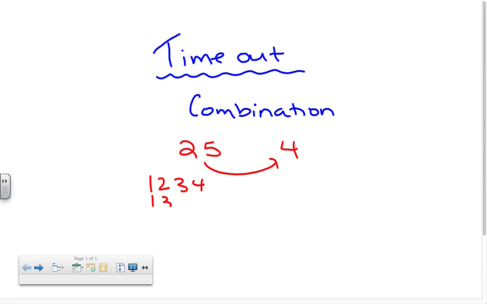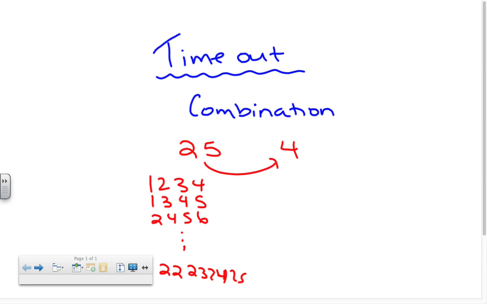Okay, 1, 3, 4, 5, 2, 4, 5, 6, up to, this is really not a pattern, but I would have 22, 23, 24, and 25. Okay, but 25 can be in a bunch of different groups. So can you notice how many different possibilities we could get here? Yeah, I would be sitting for hours trying to figure that out.